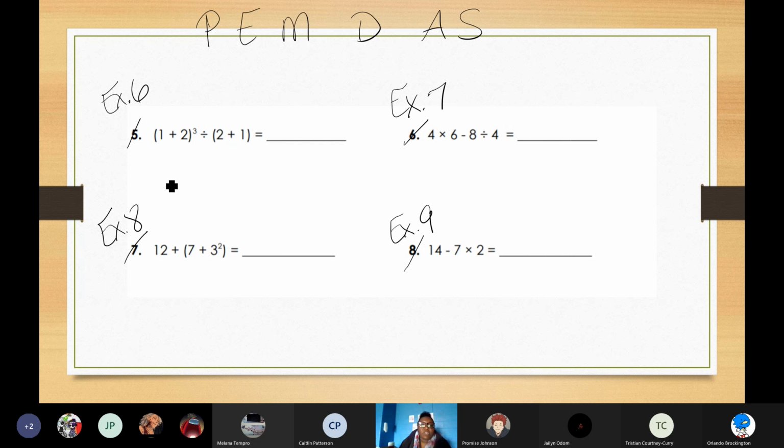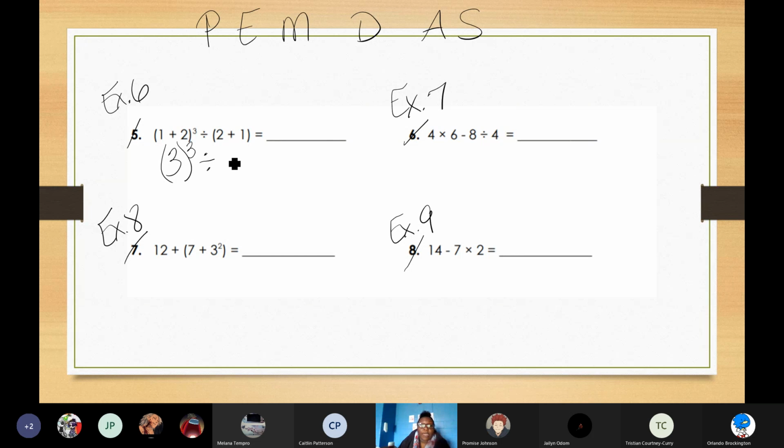So the first thing I want to do is work in the parentheses. Yes, I'm going to solve everything inside those parentheses first. So, what is 1 plus 2? 3. So now I've got 3 inside of parentheses to the 3rd power, leaving that division there. I'm not touching it yet. And now I've got to work on what's inside of these parentheses.